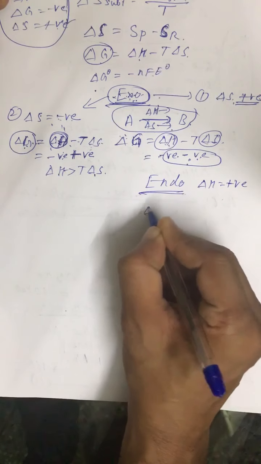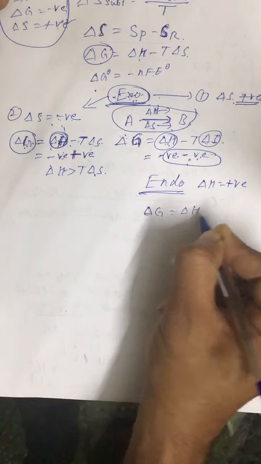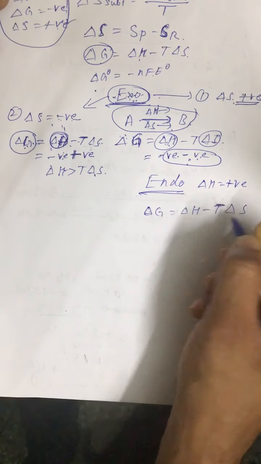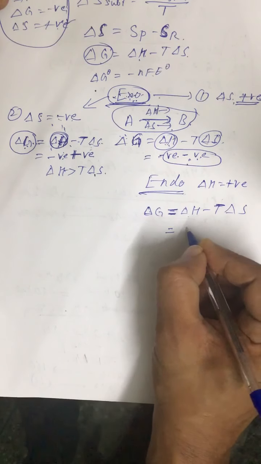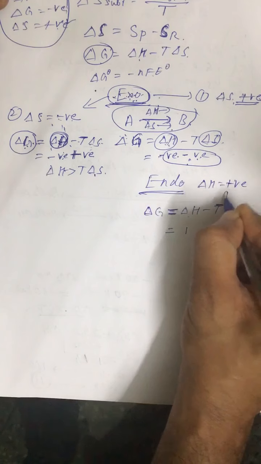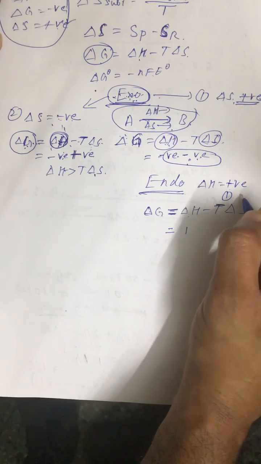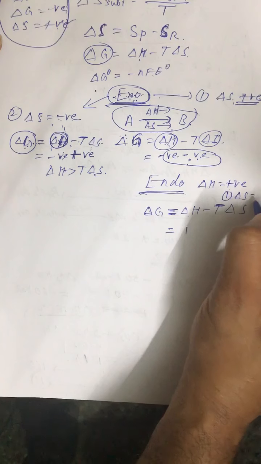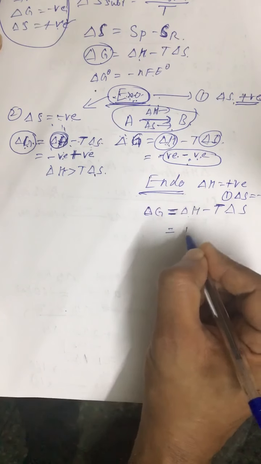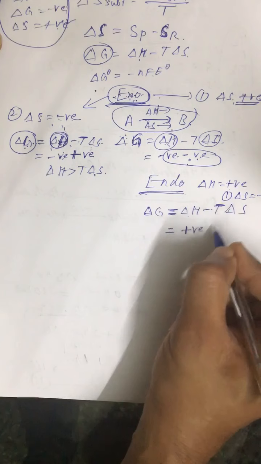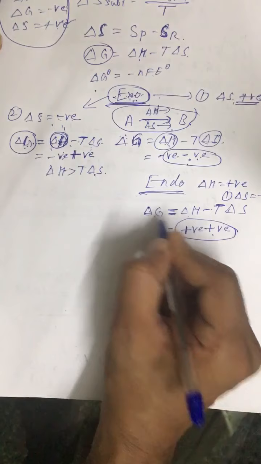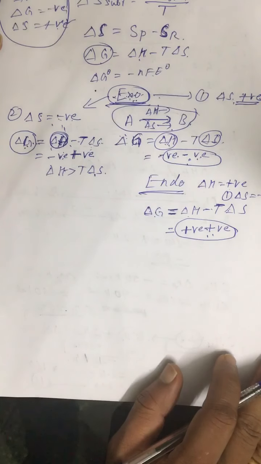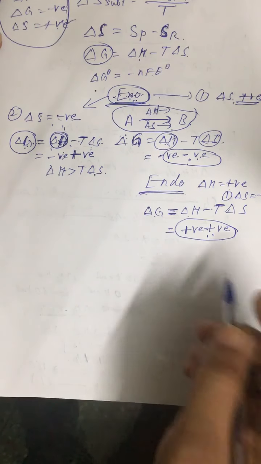Now from ΔG equal to ΔH minus TΔS, the first condition we are taking is that ΔS is negative, means this is positive, and minus it also becomes positive. So for such processes ΔG is always positive, and such processes are never spontaneous.